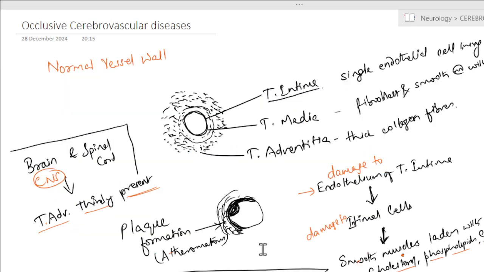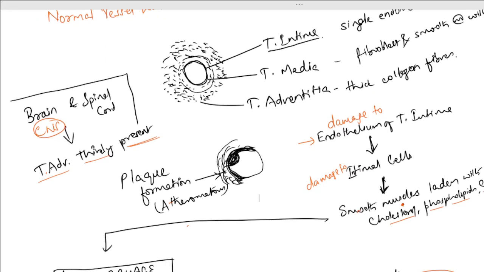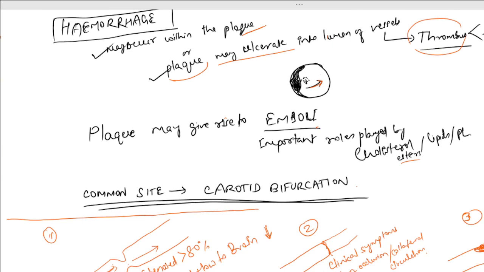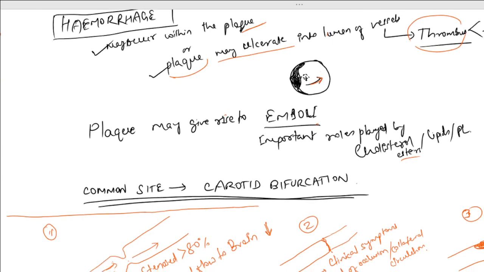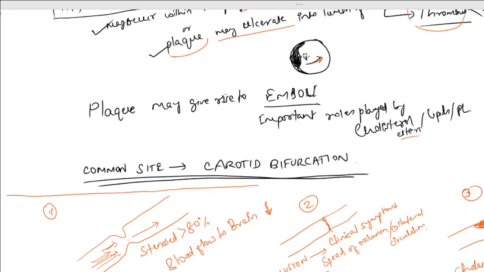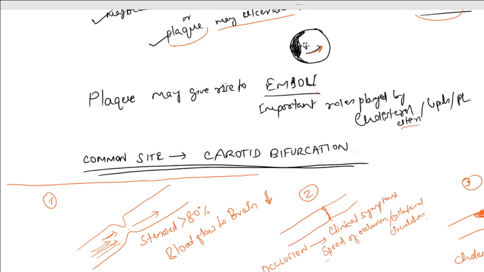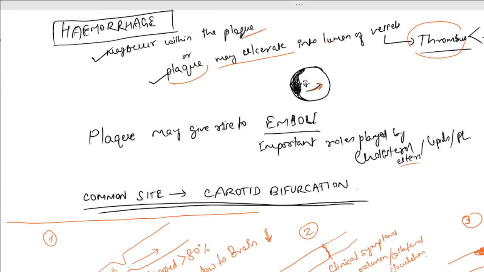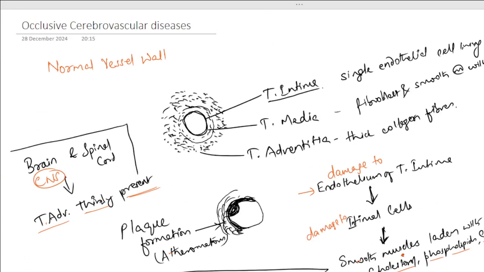Then we saw the occlusive, like how a normal vessel wall looks, and then how plaque gets formed, how emboli proceed ahead with important roles played by the cholesterol, lipids, phospholipids, everything. Then we saw the three situations: stenosis, complete block, and even the ulceration of plaque.